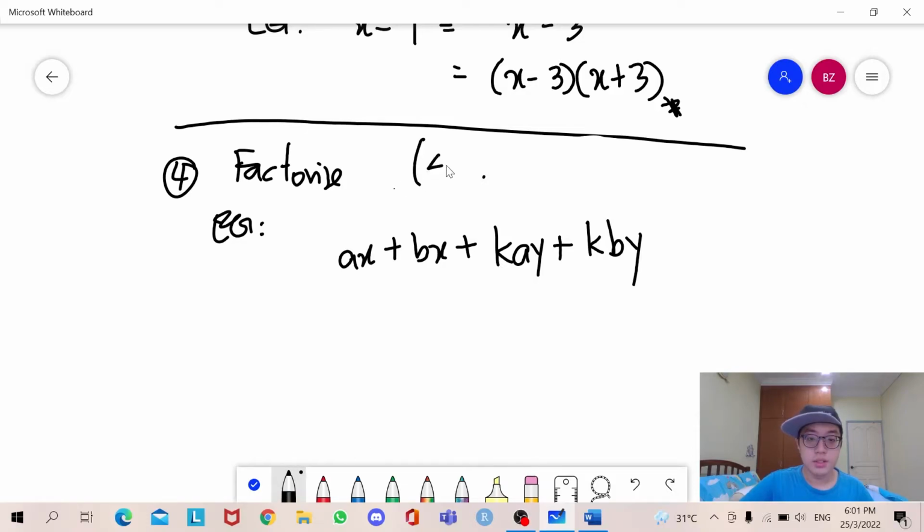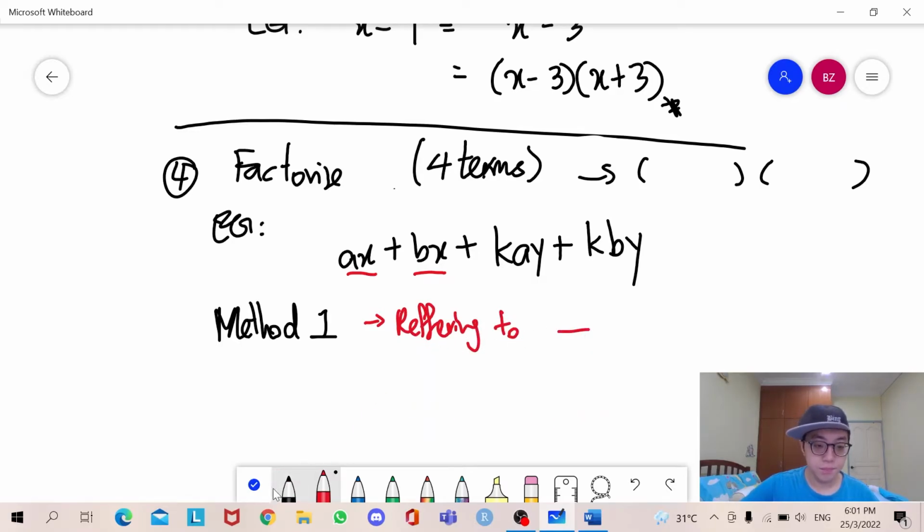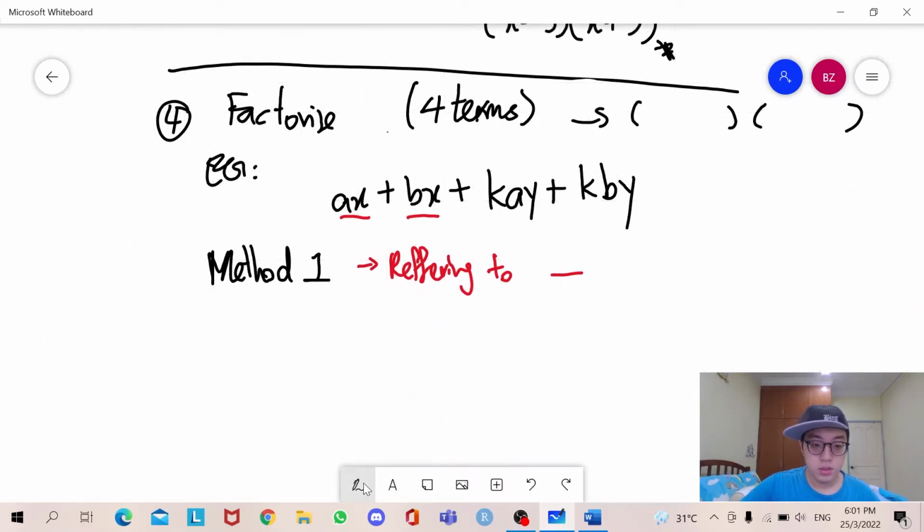This will bring us to two brackets, if it's possible. So we will see what's the condition to factorize in order to make it two brackets. First, we will look at these two here. We're going to go to method one, which we are referring to the red underlines.